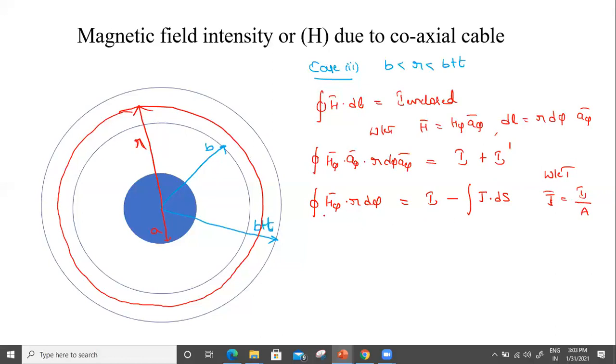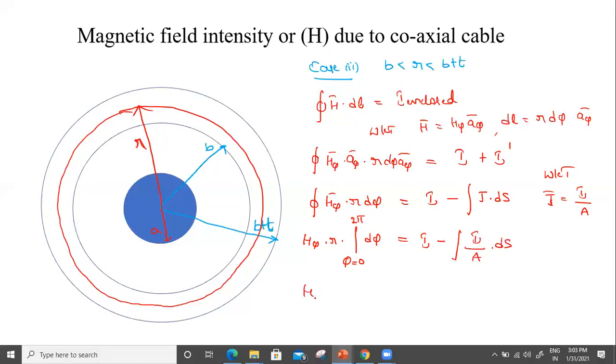So now if you simplify this, here H phi is a constant taken outside, r is also constant taken outside. Integral of d phi with limits 0 to 2 pi equals I minus integral of J, which will be written as I by A into dS.